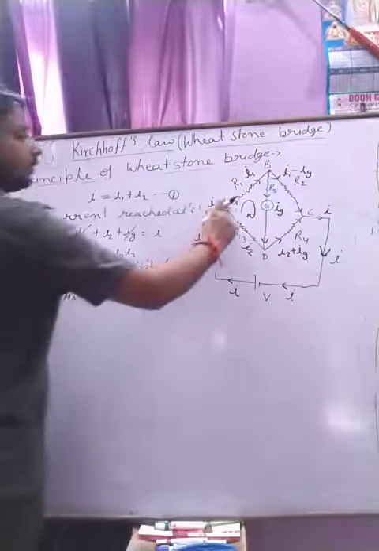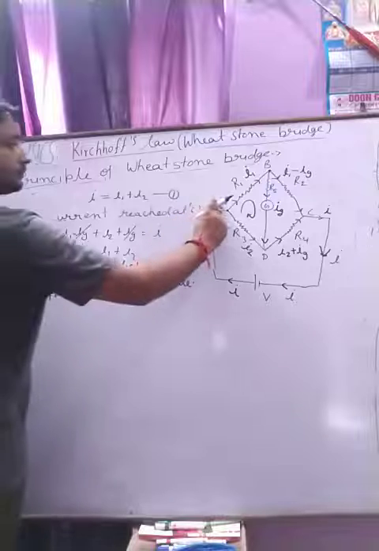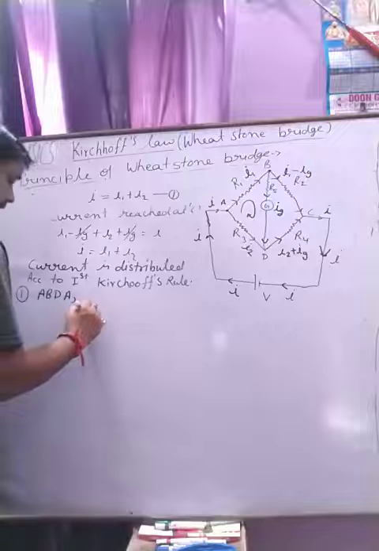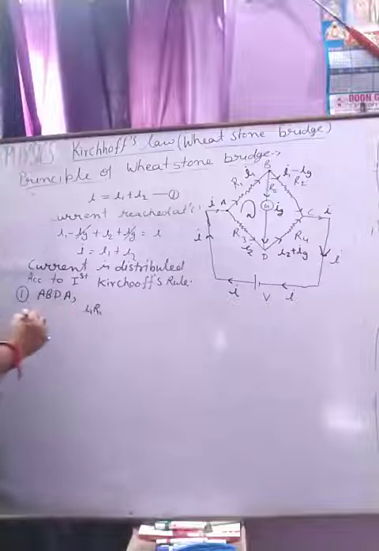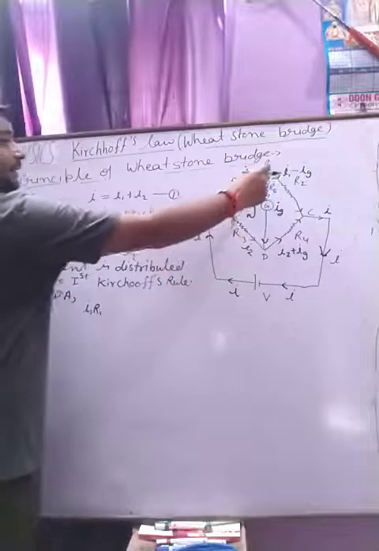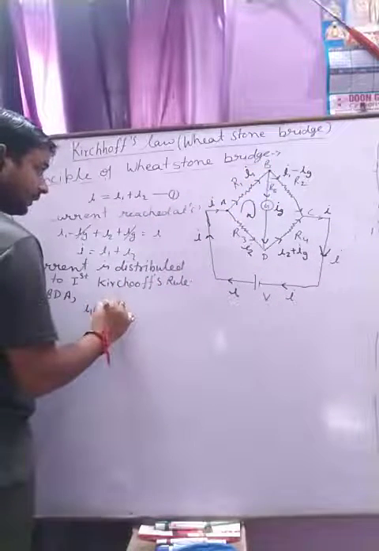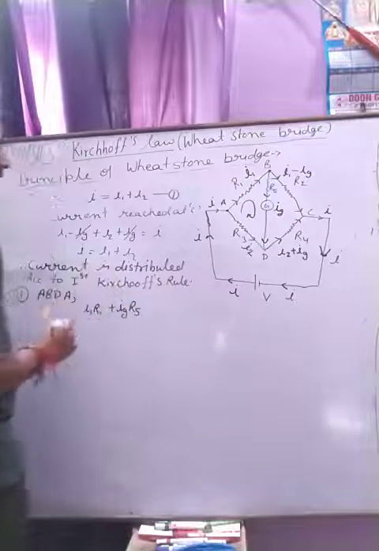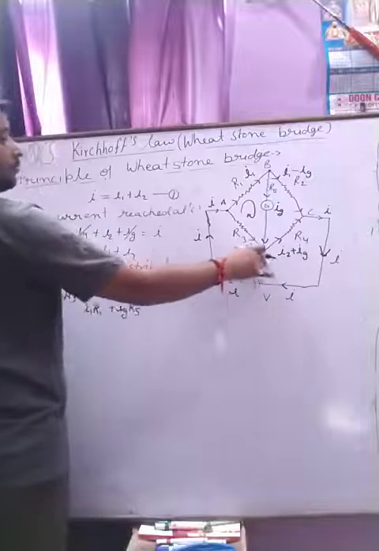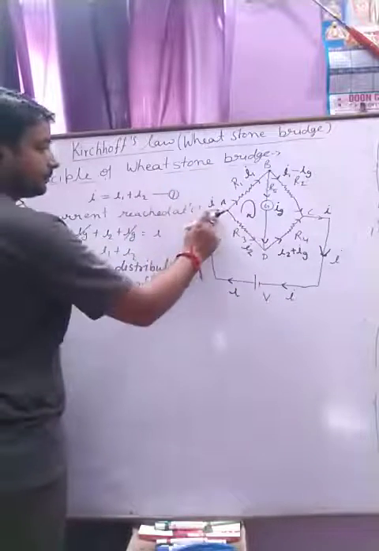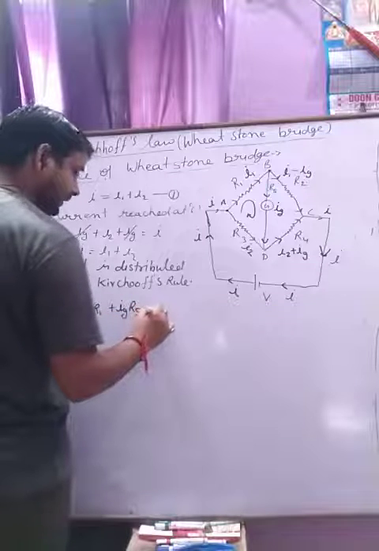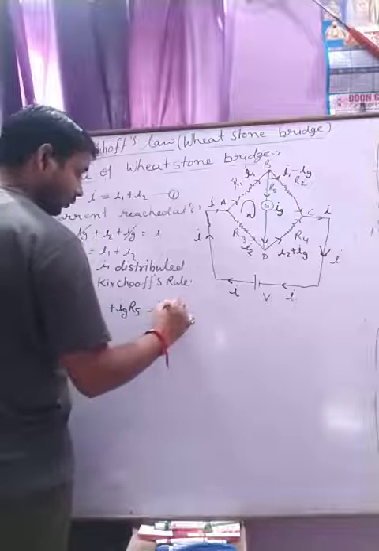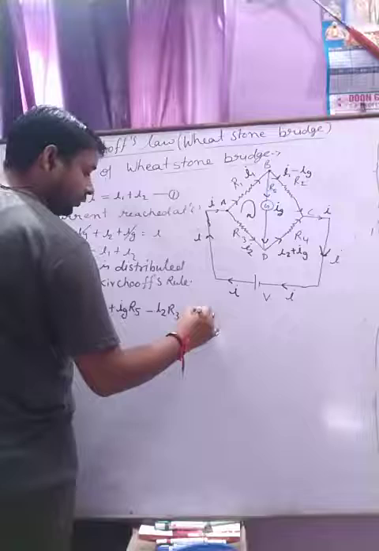On solving this we get I1 R1, then it is moving in this direction, so plus Ig R5, and when we reach D, we are moving opposite to the direction of current, that is minus I2 R3 equal to 0.